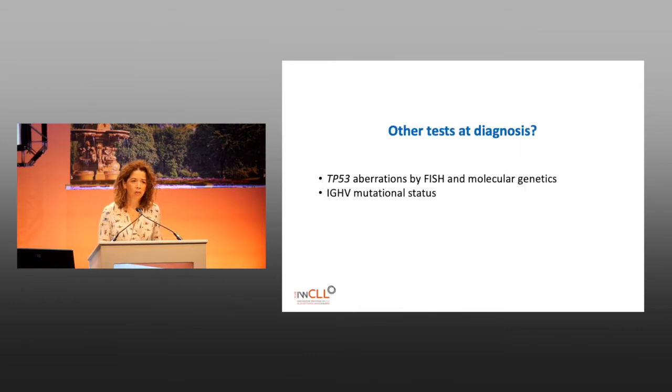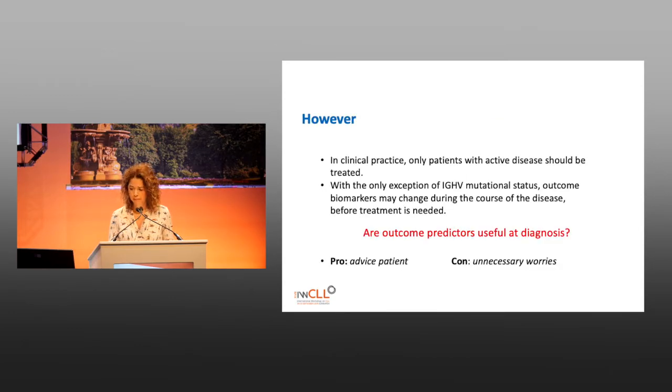But are other tests at diagnosis useful? Because of their prognostic value, the case has been made on whether TP53 aberrations and IGHV mutational status should be performed at the time of diagnosis.